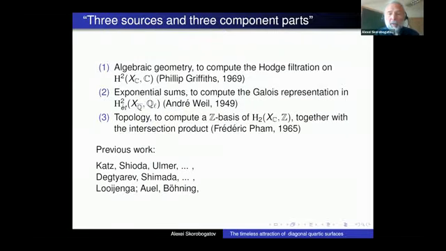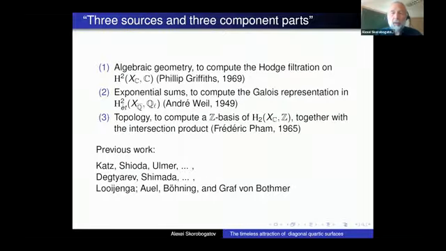This has been used, but I think this deserves to be better known. Some of these ingredients have been used in work by Nicholas Katz, Shioda, Ulmer, and Degtyarev, Shimada, Itenberg, and more recent people who followed their work.